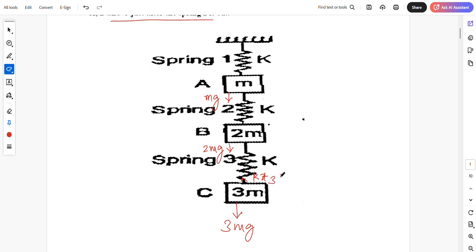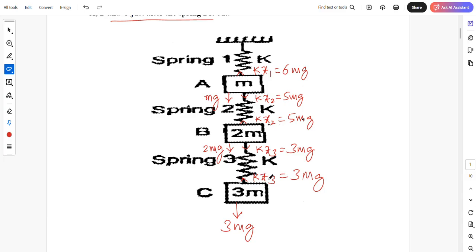Kx3 is directly 3mg, and here also kx3 is equal to 3mg, and here kx2 will be equal to 2mg plus 3mg, which is 5mg. Kx2 is equal to 5mg, and here let us write kx1. Kx1 is equal to mg plus 5mg, totally 6mg.